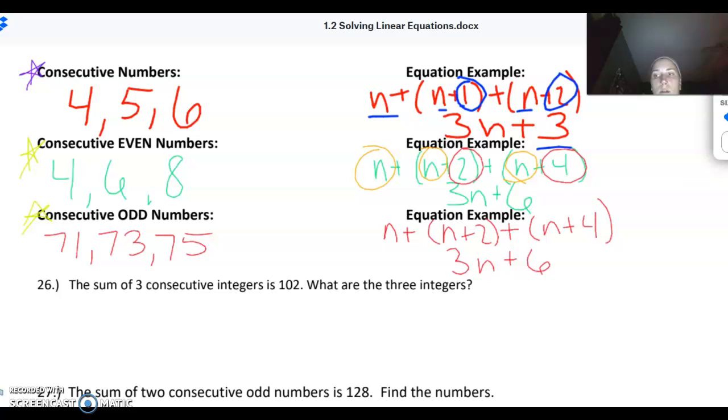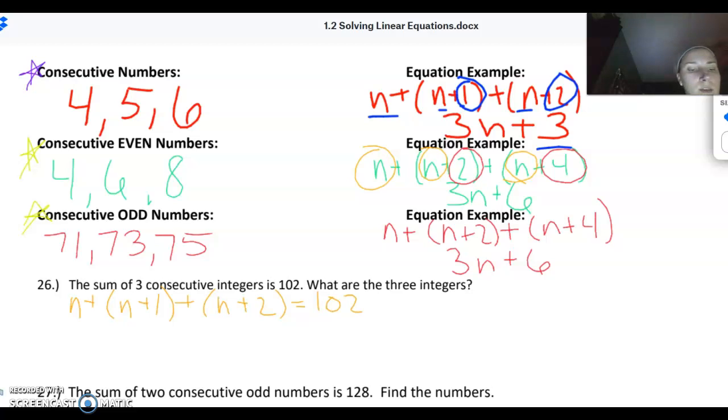In order to do this, we need to use our first equation. So we're going to write that out: n plus 1 plus n plus 2 equals 102, because those 3 numbers that we're looking for add up to 102.